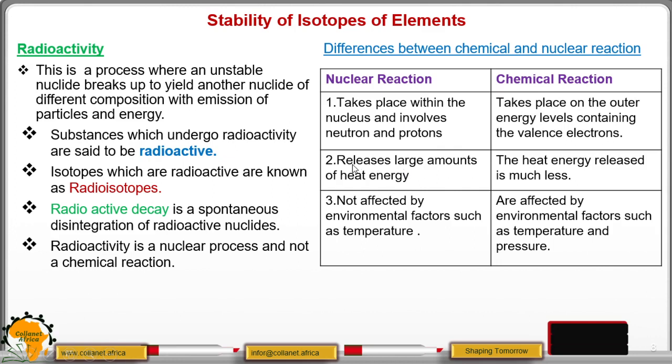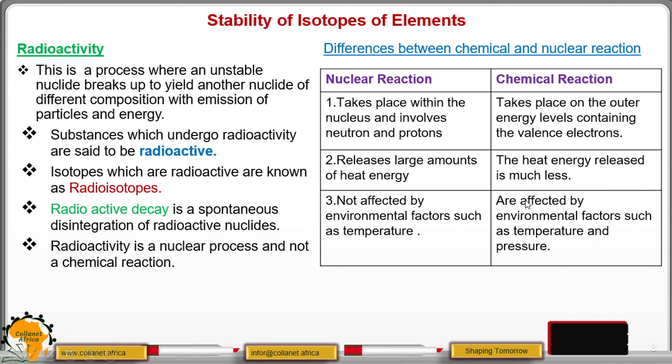Then number 2, the nuclear reaction releases a large amount of heat energy. But in a chemical reaction, the heat energy released is negligible. It is much less. Then number 3, a nuclear reaction is not affected by environmental factors such as temperature.